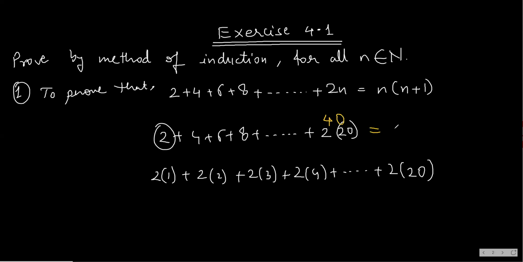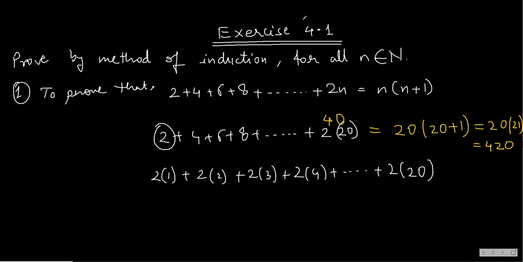Where you have n, you write 20. So 20 into 20 plus 1, that is 21. 20 into 21 is 420.